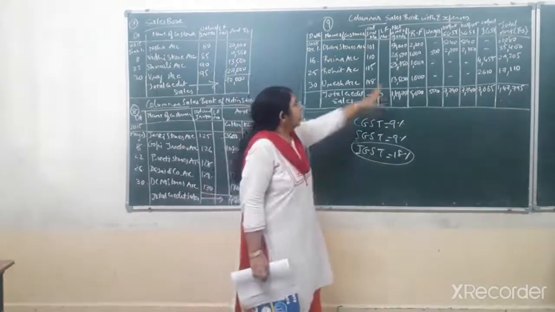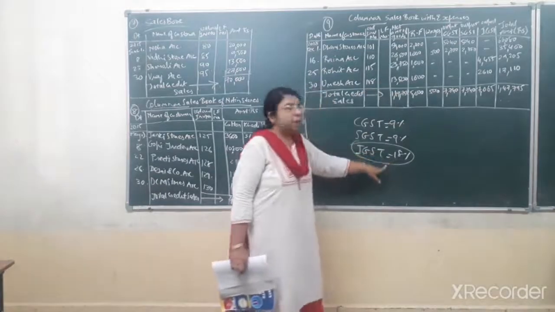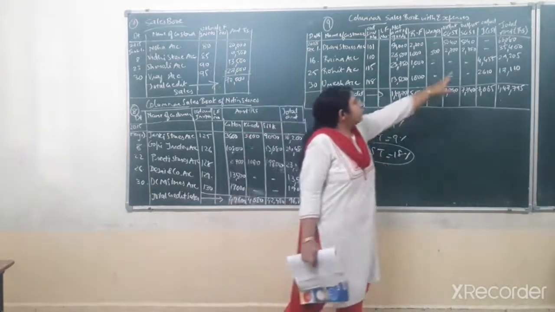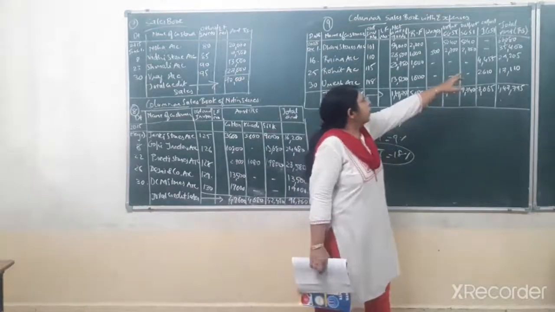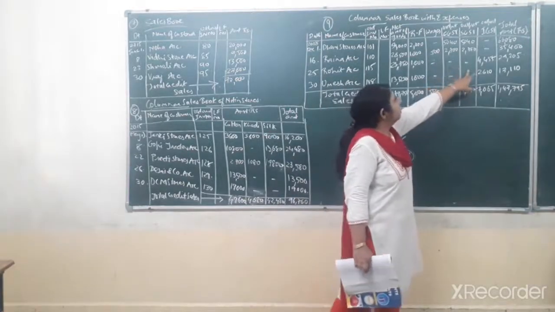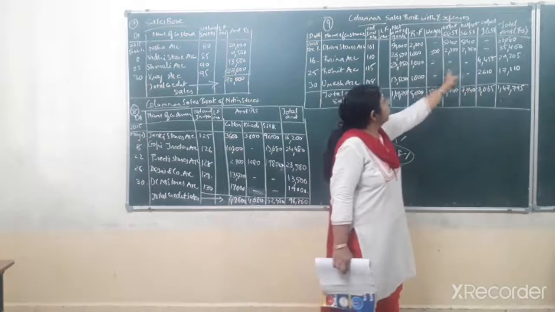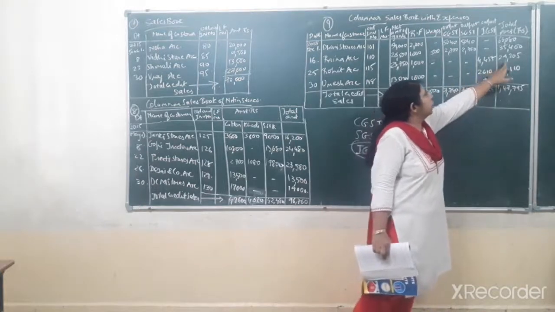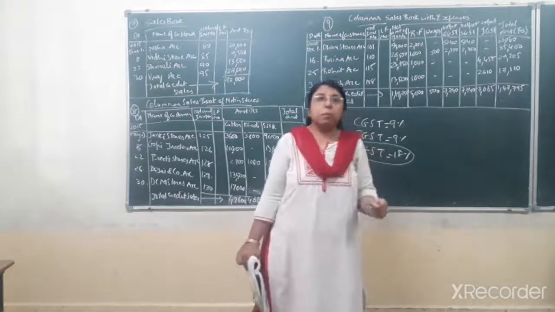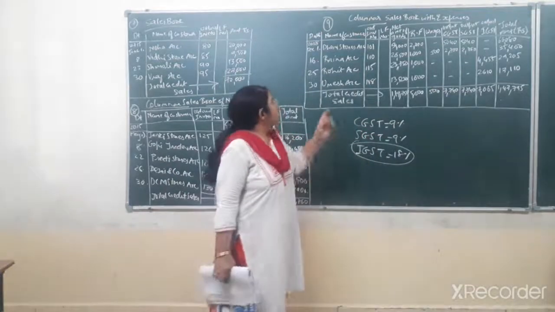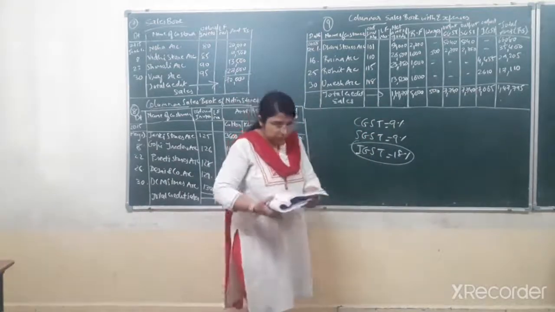So 24,750 multiplied by 18%, you will get 4,455. That I have written in the column of IGST. Okay, the remaining columns will be dashed. Now the total of all these three amounts, the grand total, will come to 29,205, including the expenses and the amount of IGST. Okay, so we have completed the 25th date transaction.